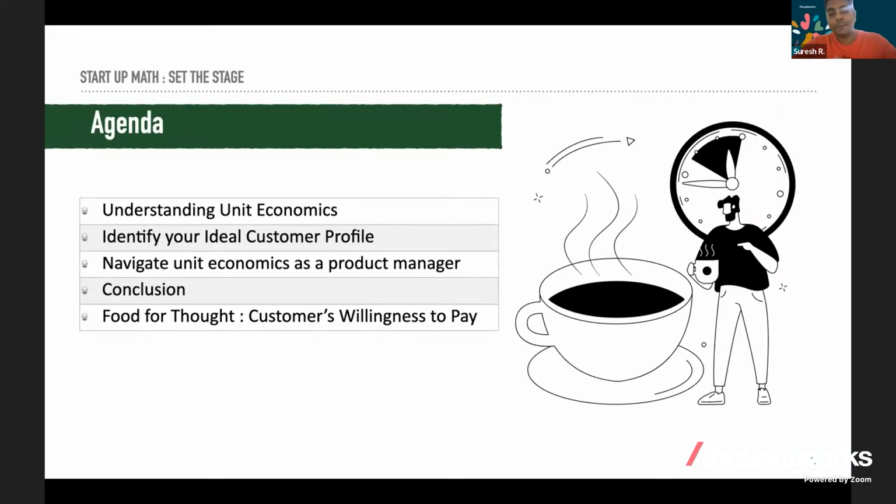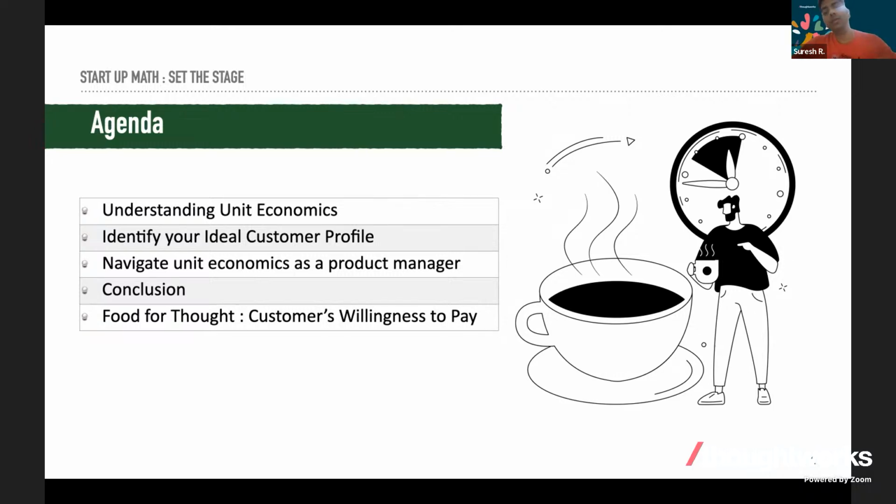So the agenda for today. We are going to start by understanding what unit economics is all about, a quick brief so we are all on the same page as we go through the next 1 hour. Second is to identify the ideal customer profile.